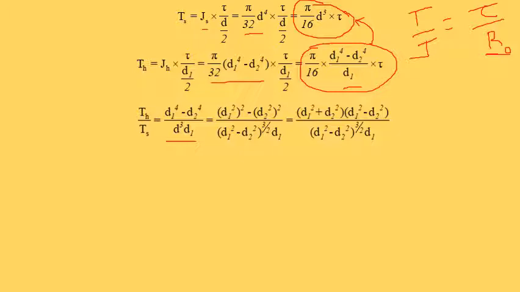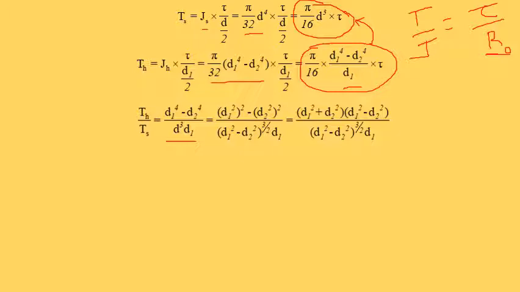This d1 power 4 minus d2 power 4 can be written as d1 square whole square minus d2 square whole square. Similarly, d cube can be written as d1 square minus d2 square whole to the power of 3 by 2. So this gives the same value d cube. Then d1 as it is.